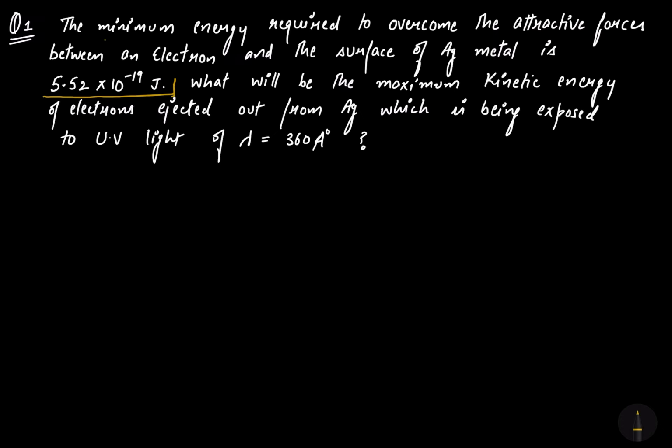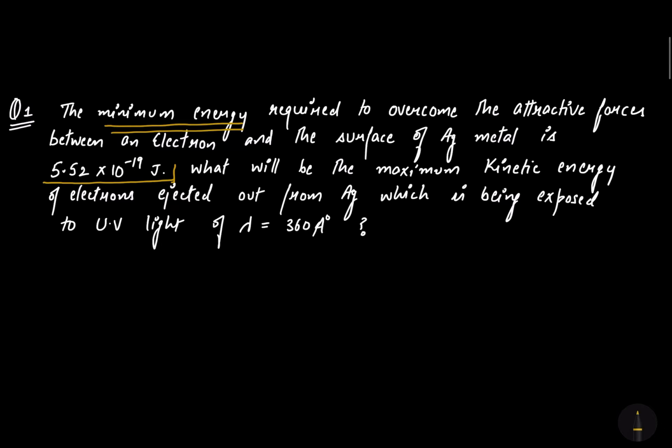Now it is a minimum energy required, so this minimum energy will be called the work function for the silver metal.